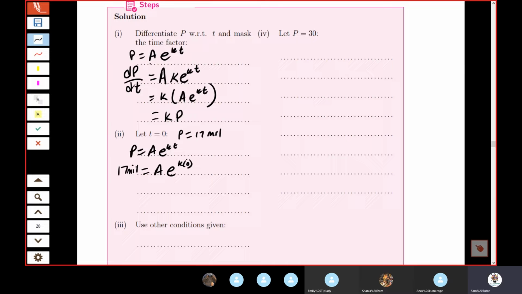What's anything to the power of 0? Just 1. So then you just worked out that A is actually 17 mil. So your new equation, technically it looks something like this. P equals 17 million, if you really wanted to put those zeros in, and then e^(kt).